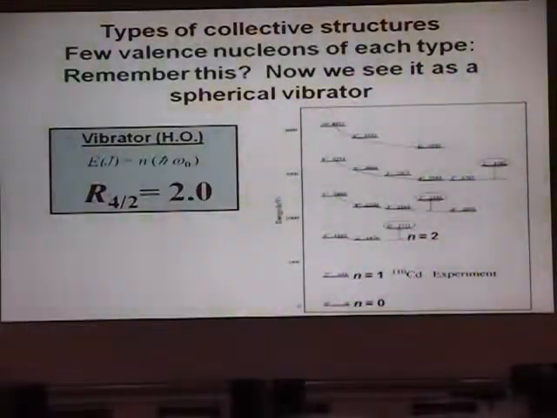Here is a great example of a vibrational nucleus. It's cadmium-110, based on a number of experiments, many of them done by Jolie and colleagues in Cologne. You have a ground state, which is 0+. And here I write the number of quadrupole oscillating phonons. The ground state has 0. The first 2+ state has 1.